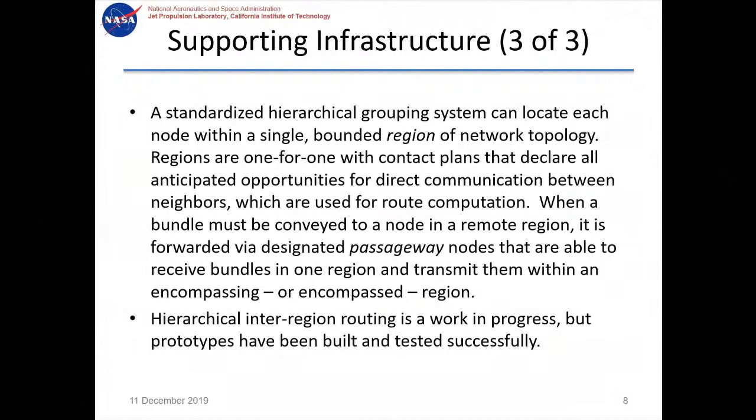What makes this scale up, we think, is that if these regions nest, if they are organized in a hierarchical fashion, then you don't really need a central database of which regions can talk to which other regions. Every node knows that it can talk to everything else that's in its own region, and it can talk to a passageway node that is able to talk to things in the region that encompasses that region.